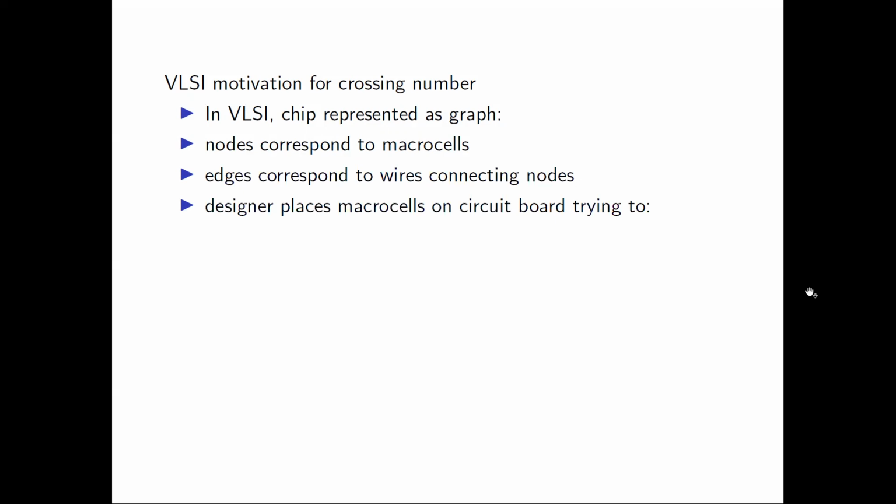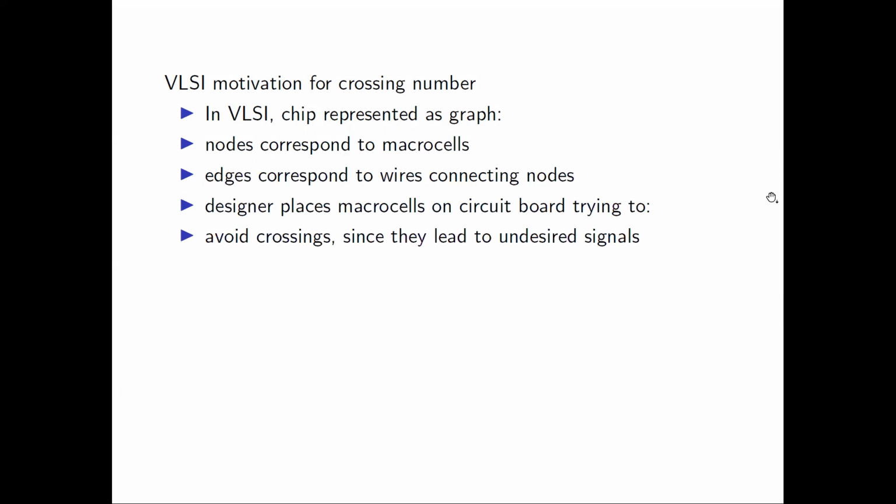So the chip designer needs to place the macro cells on a circuit board, and they also need to place the wires, and their goal is to avoid crossings between the wires since they lead to undesired signals.